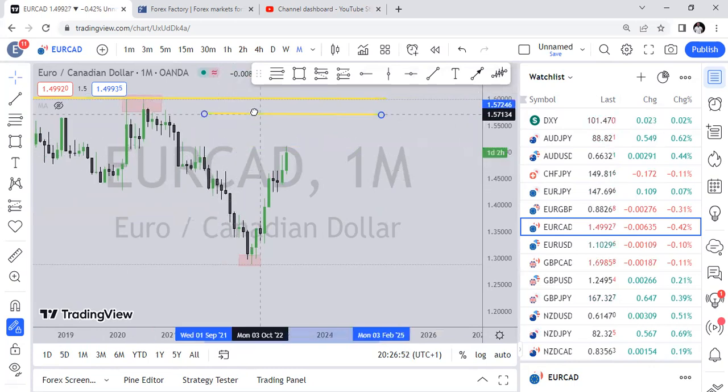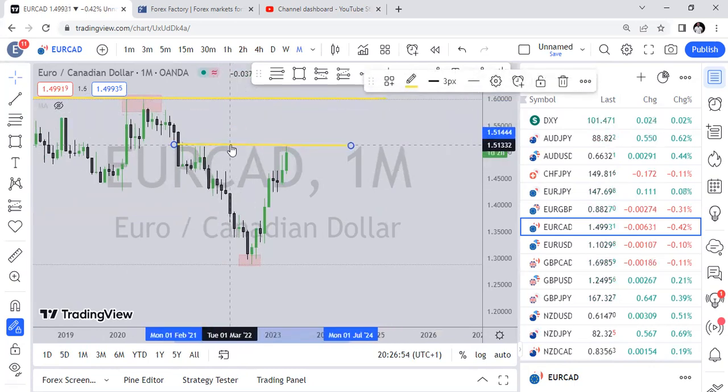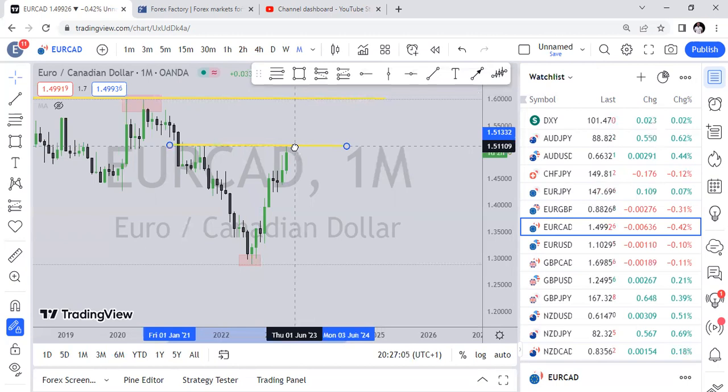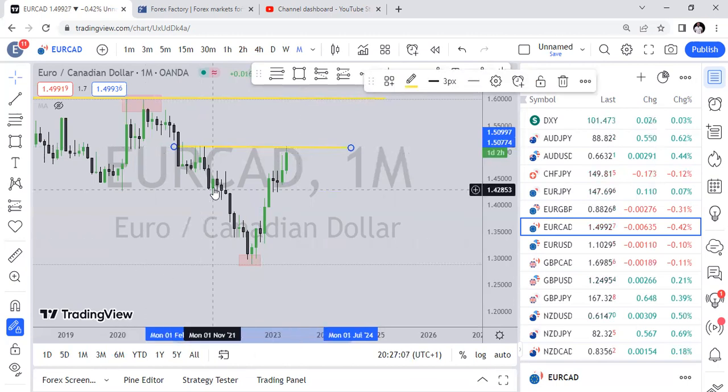So I noted that in the monthly, while we've been buying for close to 9 months, there is an old high here on the monthly.